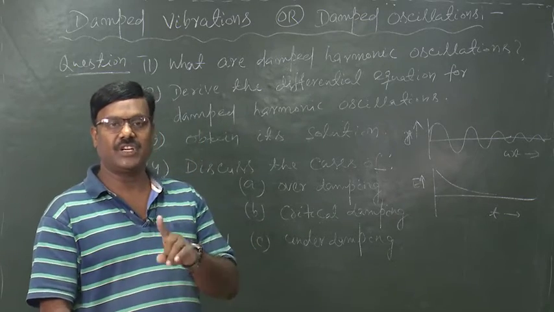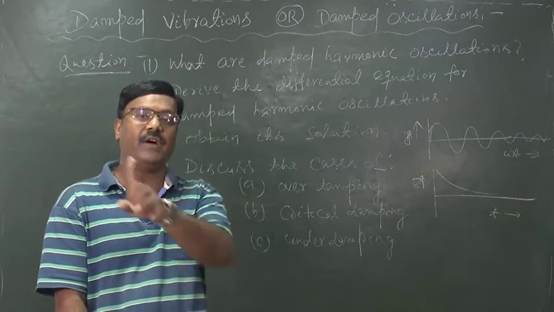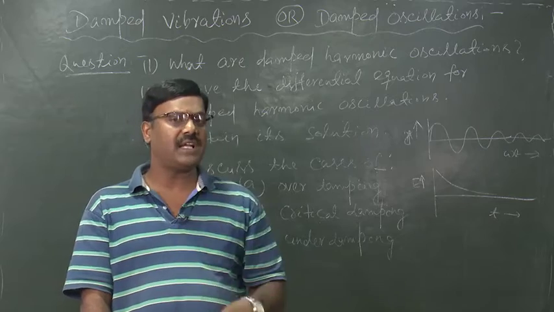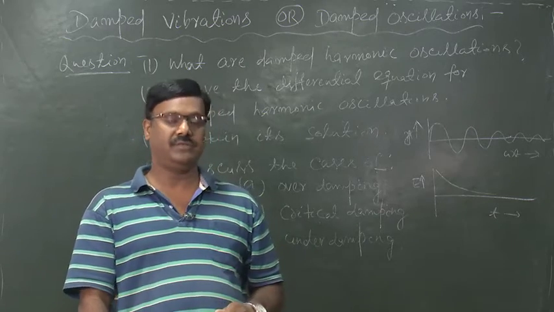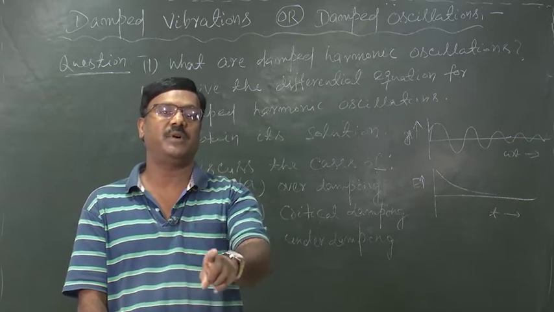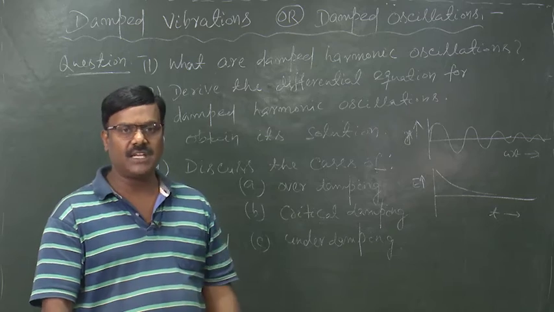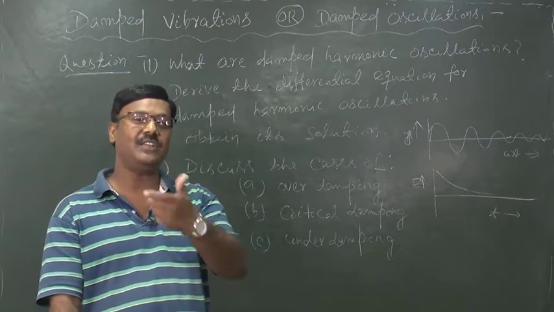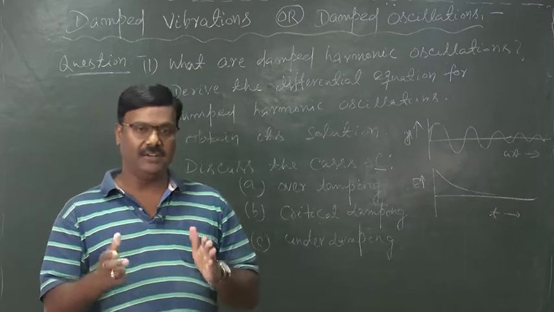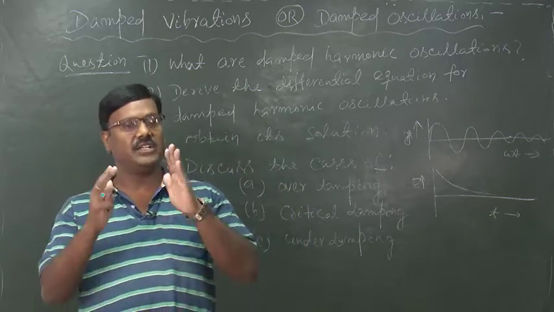So we have to find out what the equation of such damped oscillation should be, and if the equation is a differential equation, what its solution will be. So we have to find the differential equation of damped oscillation and also its solution.